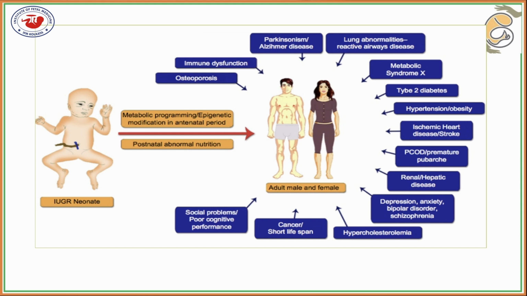Now there are 5 Ds in fetal growth restriction. Number 1 is detection. We need to identify, amongst the cohort, which is growth restricted. Number 2, once we detect them, we have to classify whether it is early or late onset FGR.